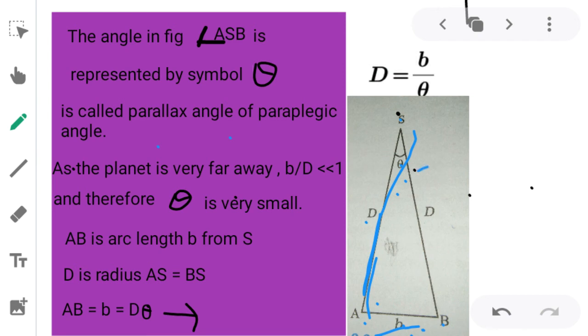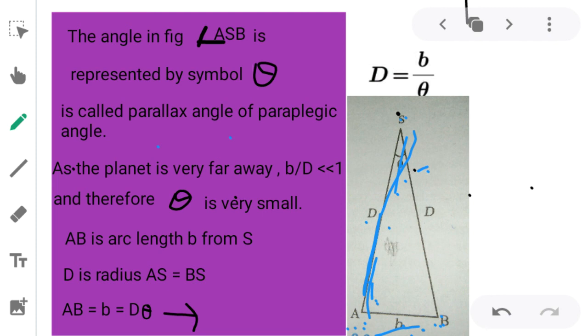So capital D can be found as b divided by theta. We can easily measure the distance AB between the two different observatories on the earth.